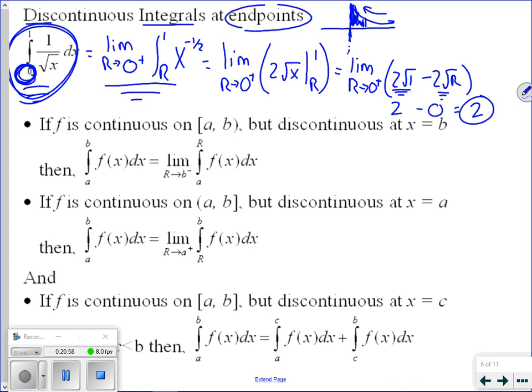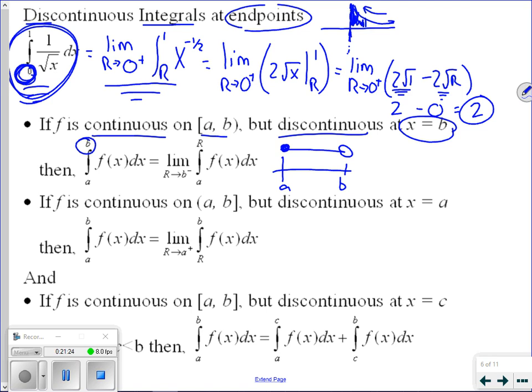So, anyway, just to clarify the points that we just did here, if it's continuous on A to B, but discontinuous at the endpoint B, so here at B we are undefined. If I were to draw this on a number line, here's A, here's B. We're continuous at A, but as I approach B, we're undefined.